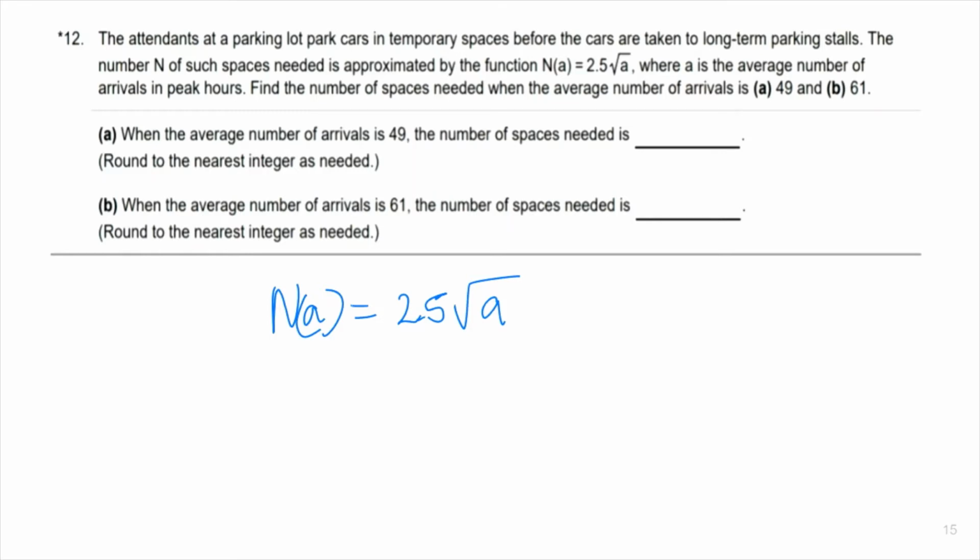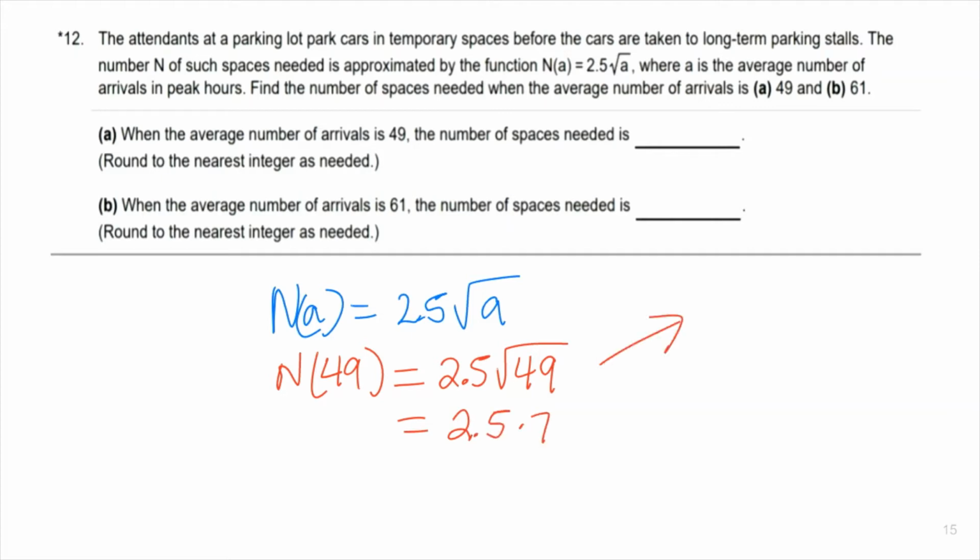So I just substitute 49 for a and replace it. Now if I simplify the square root of 49, I get 7. And so 2.5 times 7 is 17.5. They said they wanted the nearest integer, so the nearest integer is 18.